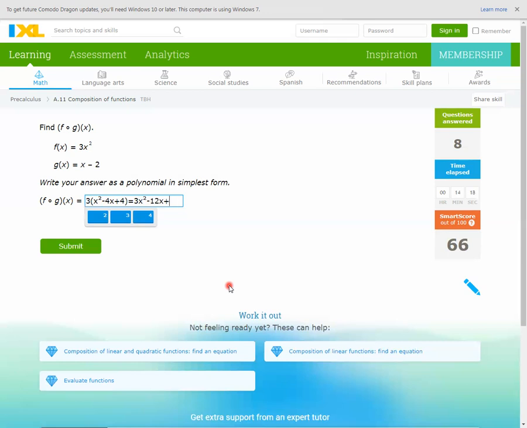Putting plus sign, now multiplying 3 times 4, it's 12. Okay, the old steps, please remove them. Now we have 3 terms, 3x power 2 minus 12x plus 12. Okay, now submit.